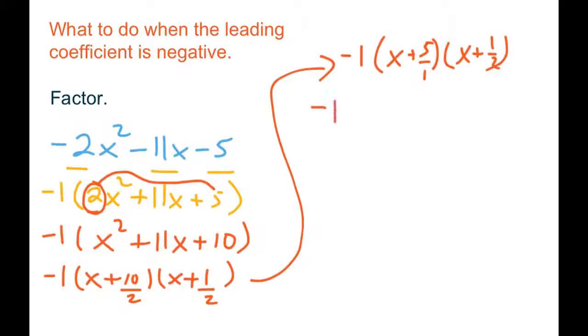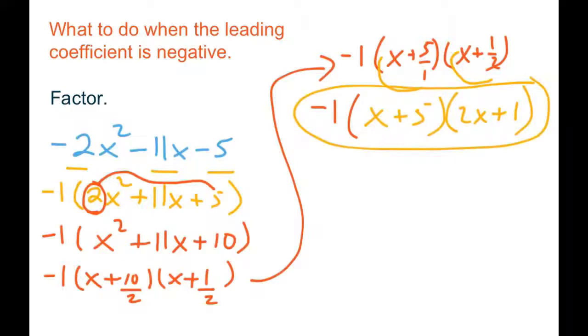And lastly, I'm going to move this 1 in front of that x, 1x, and then just have plus 5 left over. Move this 2 in front of the x, and then just have a 1 left over. And then that is my whole answer: -1 times the quantity x plus 5 times the quantity 2x plus 1.